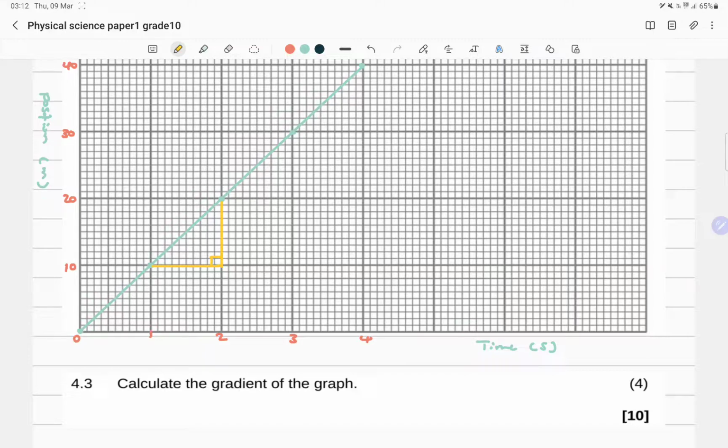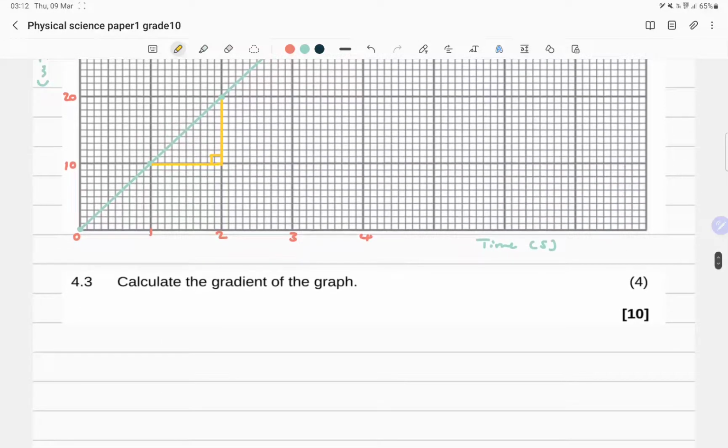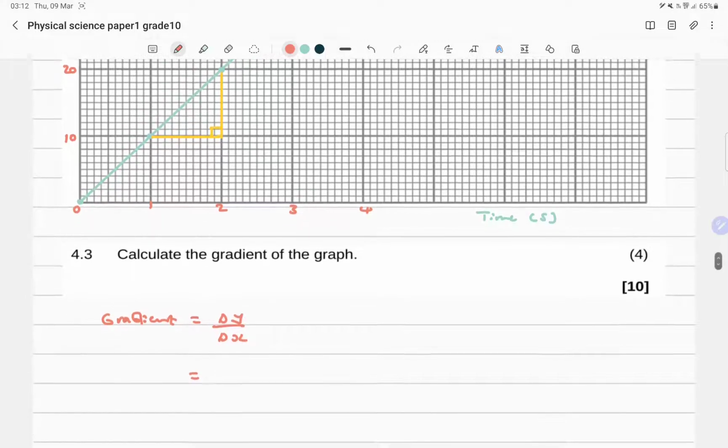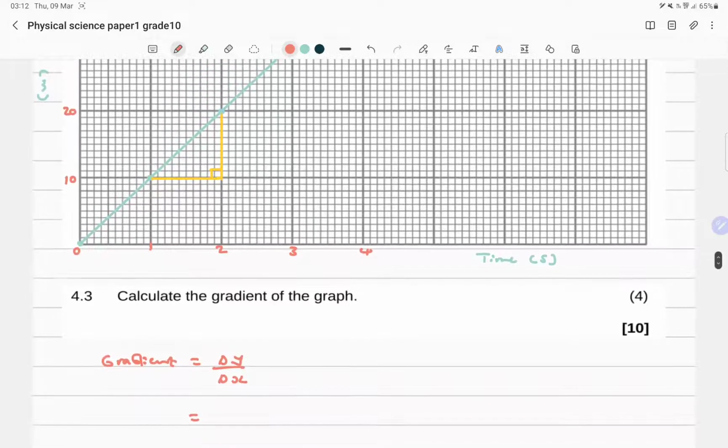So if I want that gradient, it's going to be change in y over change in x. So we know that gradient is equal to the change in y over change in x. Always try to write a formula.